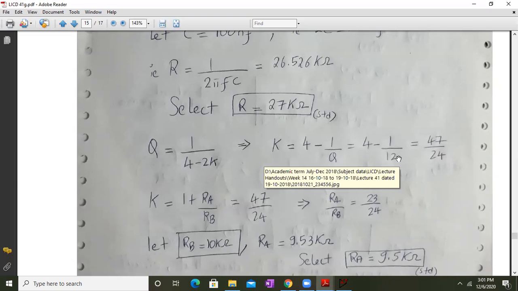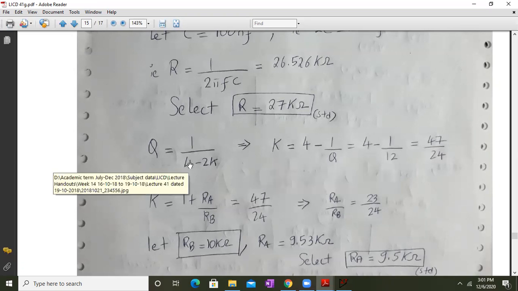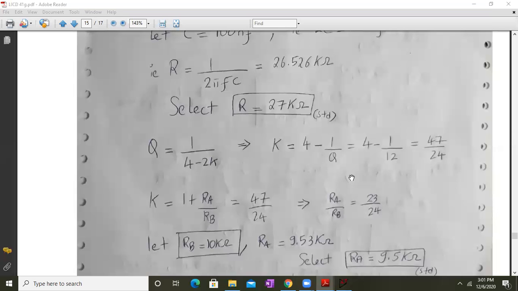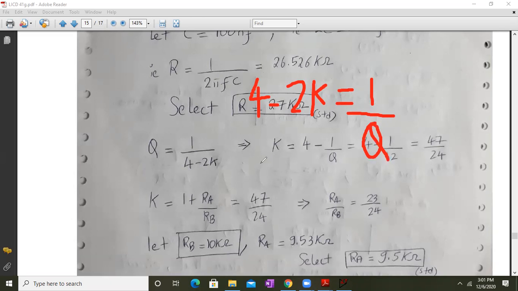So 4 minus 2K will be equal to 1 divided by Q. Correct?